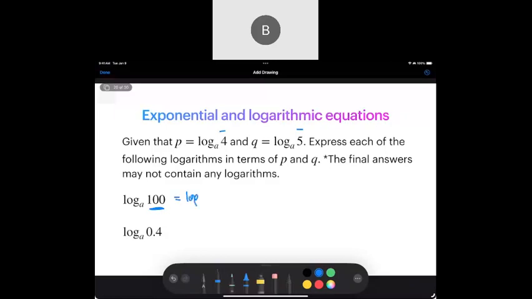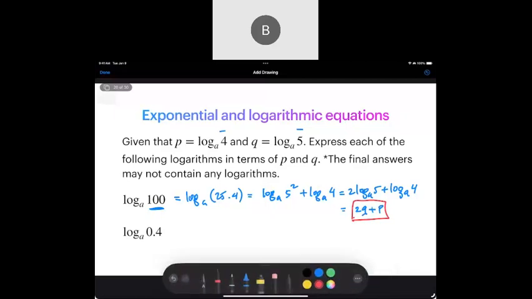So we can write this as log of 25 and 4, and then we make the 25 into 5 squared, and 4 like that, and this will be basically 2Q plus P, as Ben said. Okay, I hope that's very clear.